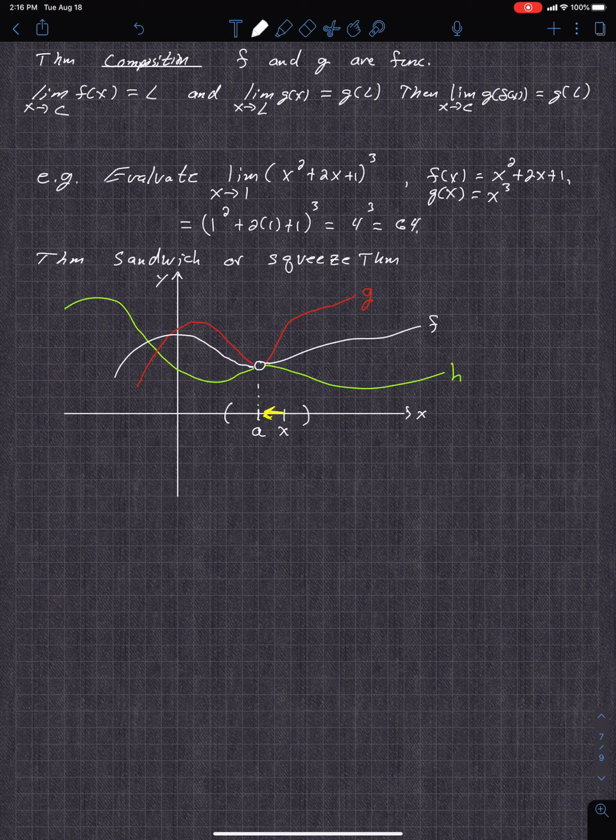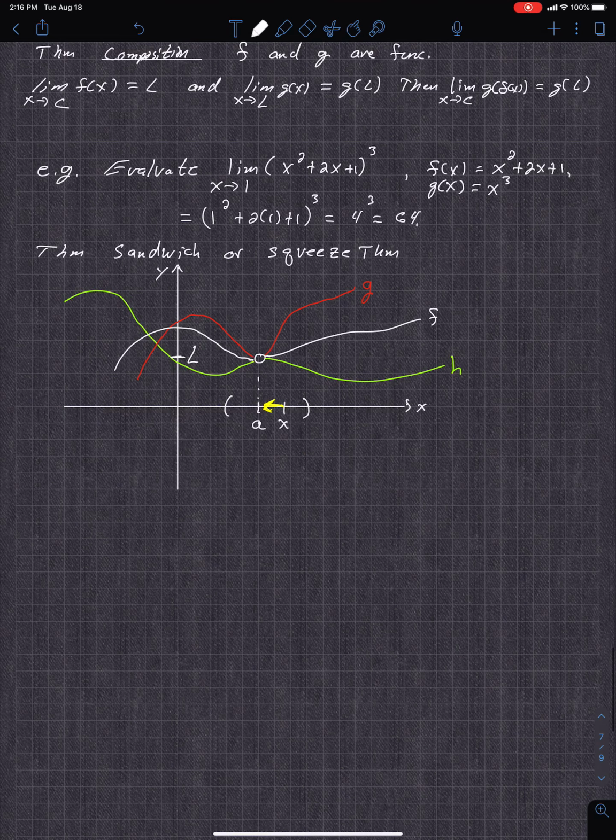So this theorem says, if the limit of g and the limit of h go to L, and you can show that f is between g and h for all values within an open interval, then the limit of f must approach L. It's stated like this.